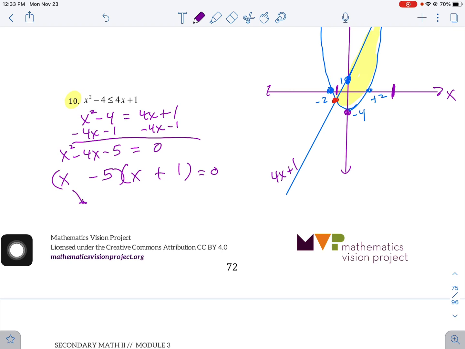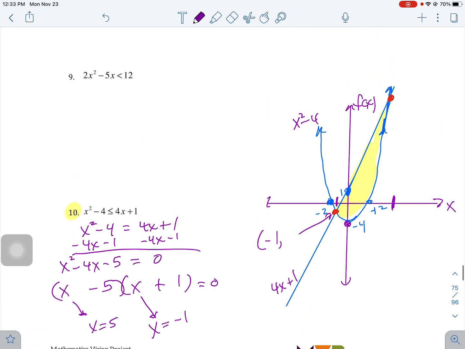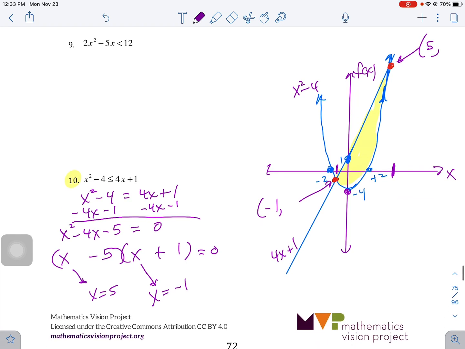So from this, we know that one solution is at x equals 5. The other solution is at x equals negative 1. So this point right here is at negative 1, and this point up here is at 5.